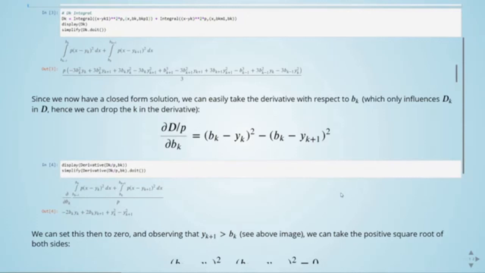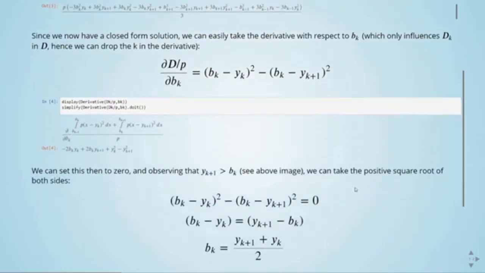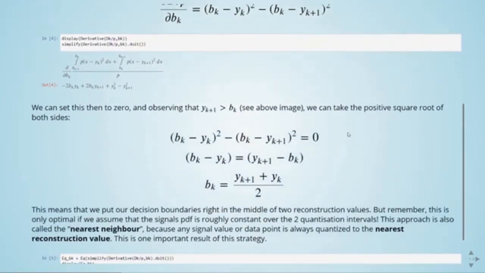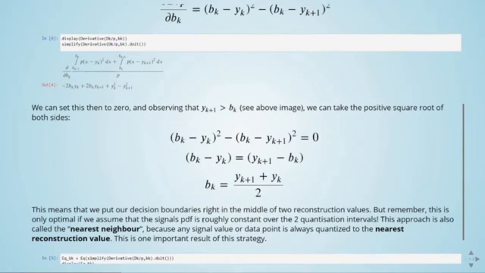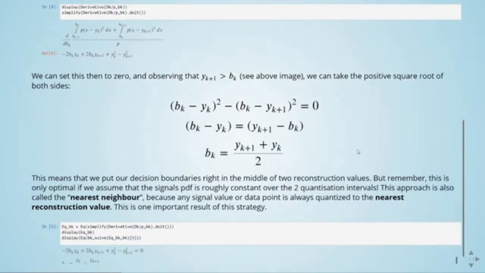Now we have this derivative, and we can set it to 0. We will have this equation here, we will set it to 0, and we will find the b of k.